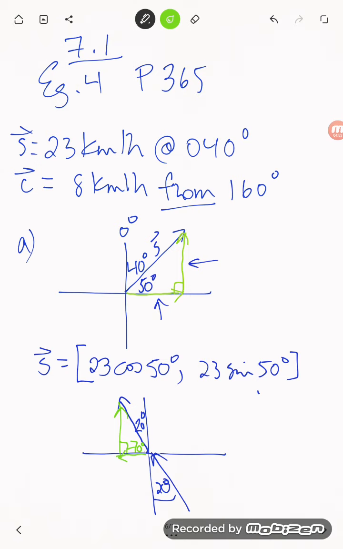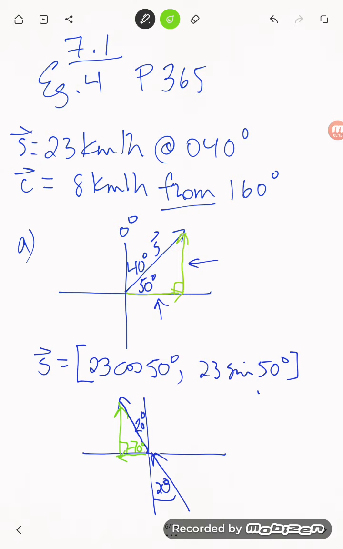I find that really confusing to figure out why it's 110 degrees, and I just never can do that consistently, so I don't do it that way. But if you understand it, then by all means, go ahead. However, if you don't, that's not a problem. You can just do it the way I did it here to the nearest x-axis.